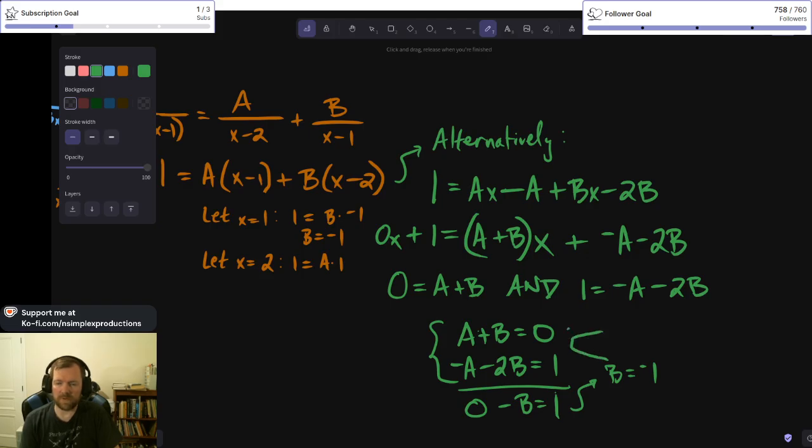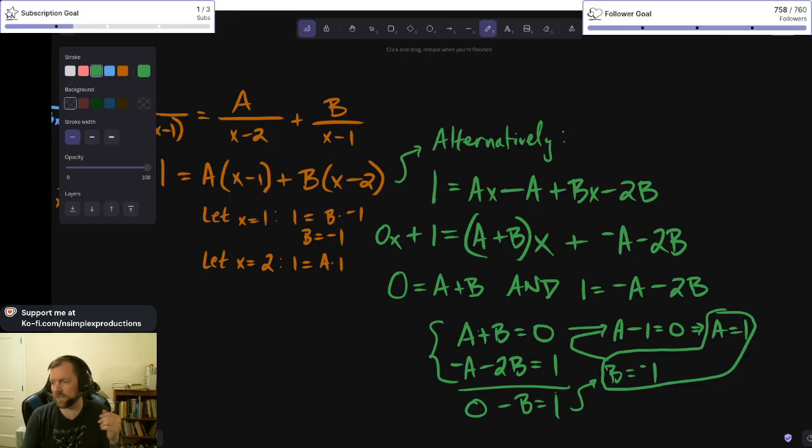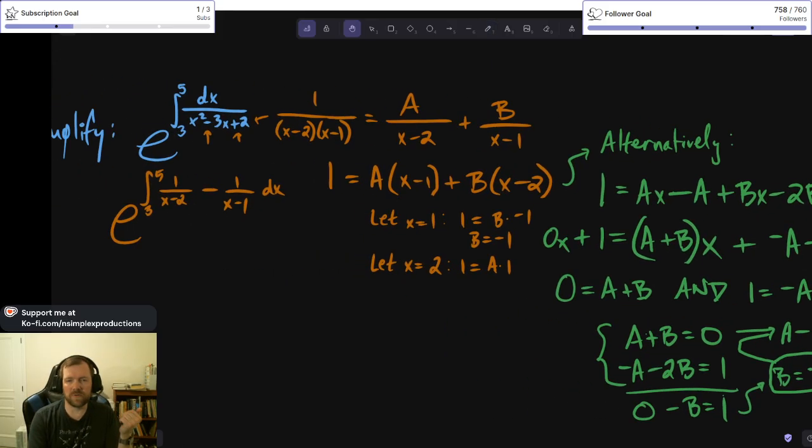Back substitute through here, and a minus 1 is equal to 0, which implies that a is equal to positive 1. So we're verifying that, yeah, it ends up being the same thing. You could do it either way.